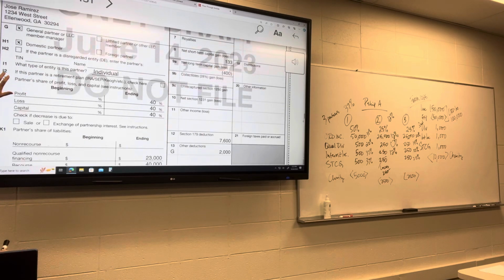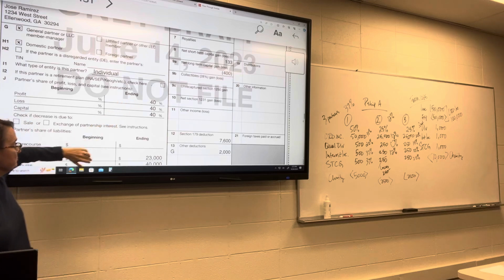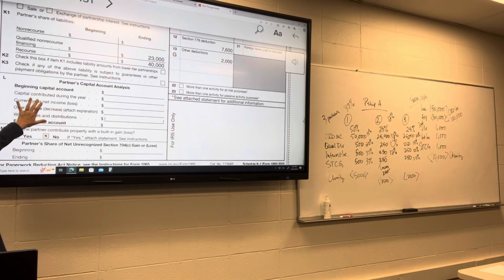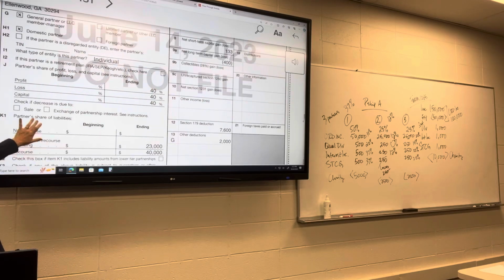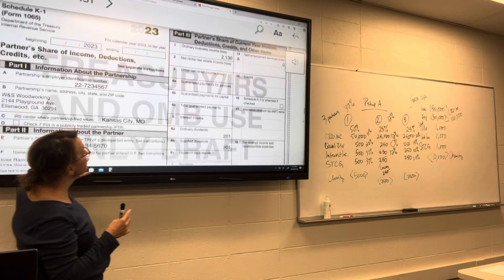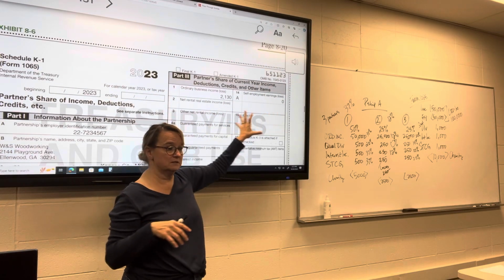Anyway, so information about the partnership, ownership here. So this partner is a 40% owner. Capital accounts, we're not going to get into really that stuff. We'll get into it a little bit when we get to talk about partnerships. But you can see each type of income has its own box up here.